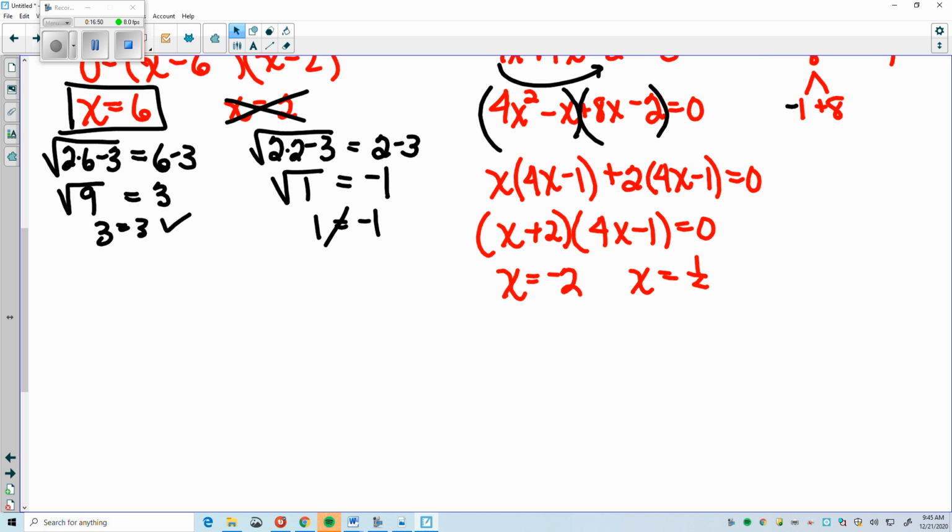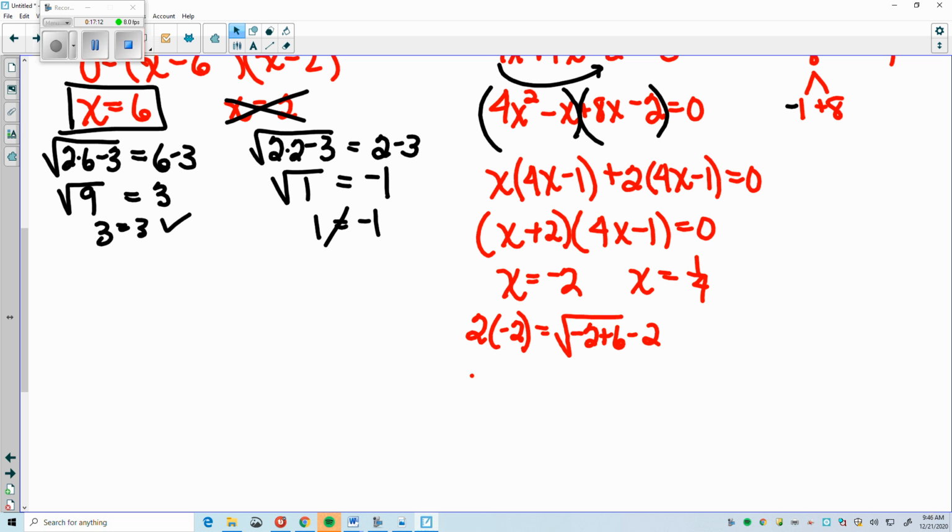Okay, so now our job is to test and see what happens. So with that negative 2, if we plug this in, I would have 2 times negative 2, and I would have the square root of negative 2 plus 6, minus 2.